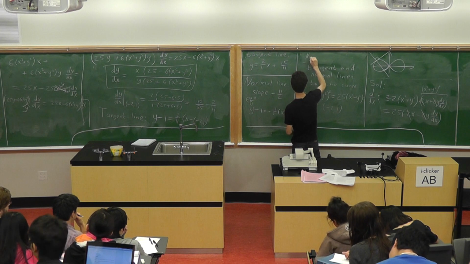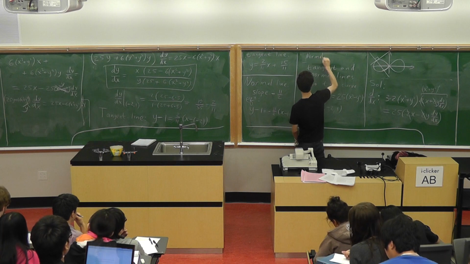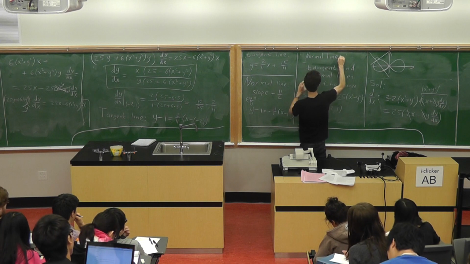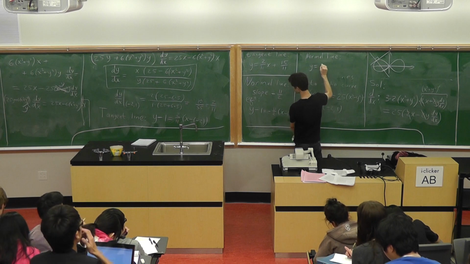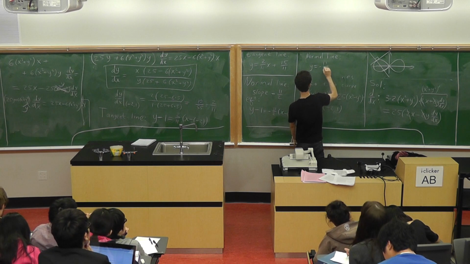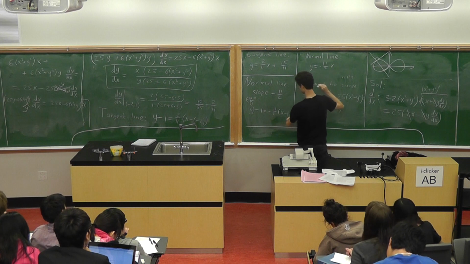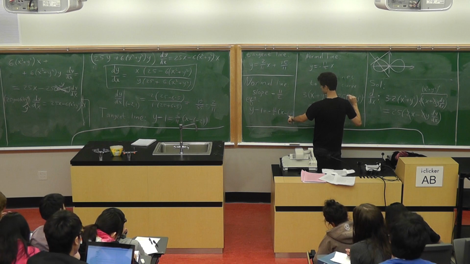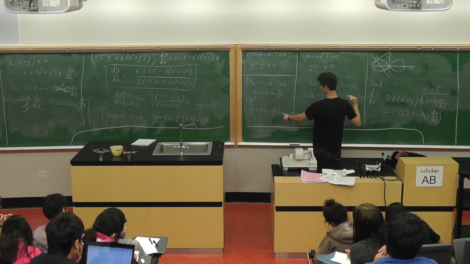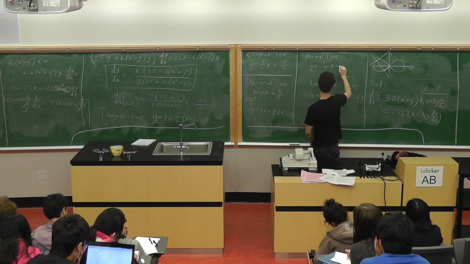So the normal line is y is negative 11 over 2 x minus 11 plus 1, so minus 10.